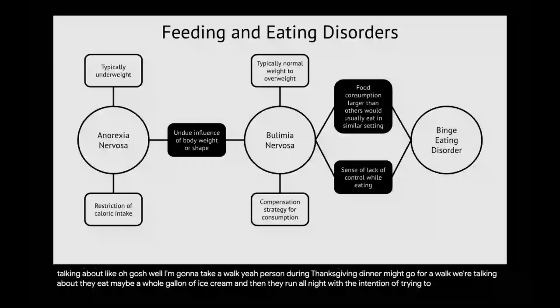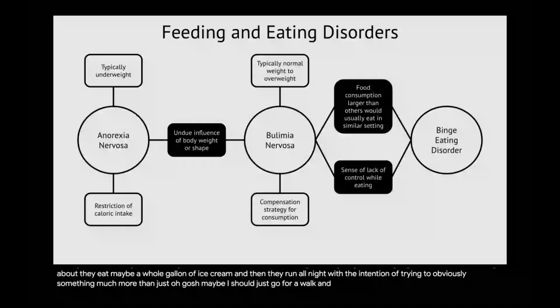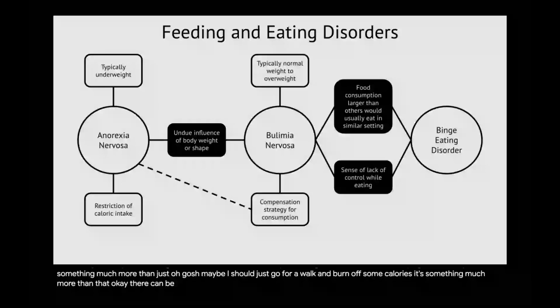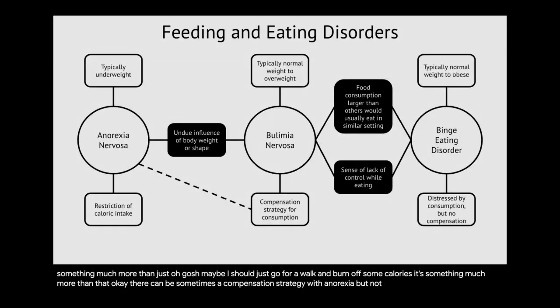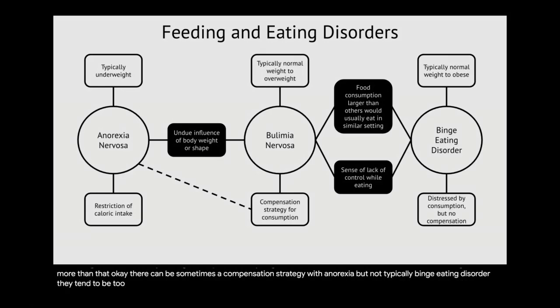Okay. There can sometimes be a compensation strategy with anorexia, but not typically. Binge eating disorder, they tend to be typically normal weight to obese, and they go on these binges, they eat a lot, but they don't actually do anything to undo it.